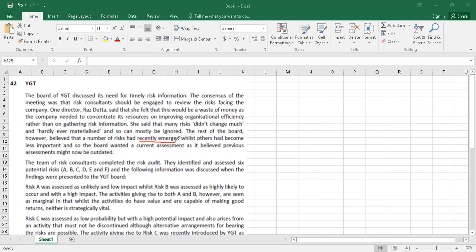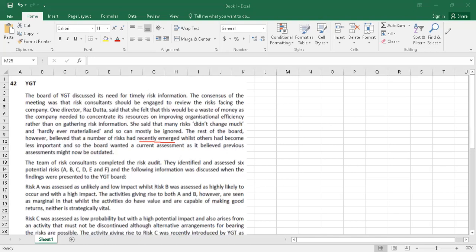Here she feels that whatever is available in the risk register is outdated, and there is no need to spend time and cost on assessing the risk and its impact. She feels that most of them never happen, and even if they happen, the impact is very little. But now they identify that new things have recently emerged, while others have become less important.